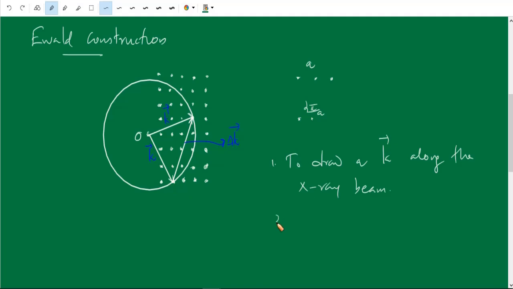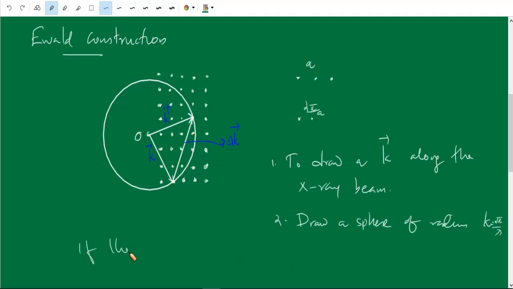Next is to draw a sphere of radius k, where k is equal to 2 pi by lambda, about the origin of k, that is, about O. If this sphere intercepts any other lattice points in the reciprocal lattice, we can connect those two points.